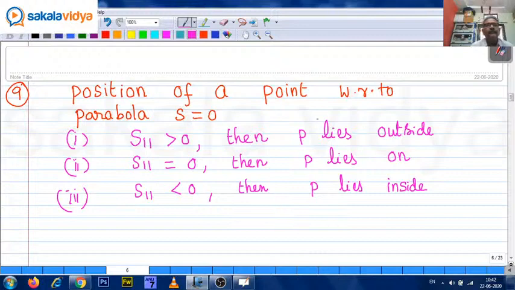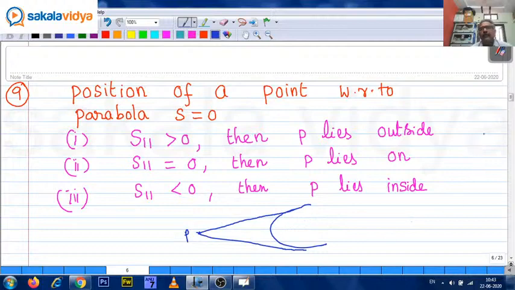See, for example, you take the parabola like this. S11 is greater than 0. P lies outside. How many tangents can be drawn? Two tangents can be drawn. For example, if P lies on the parabola, how many tangents? Only one tangent can be drawn. If P lies inside, how many tangents?